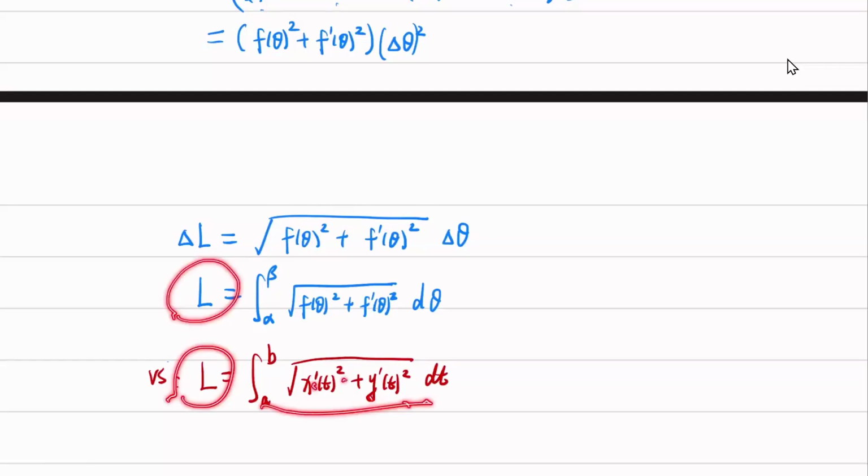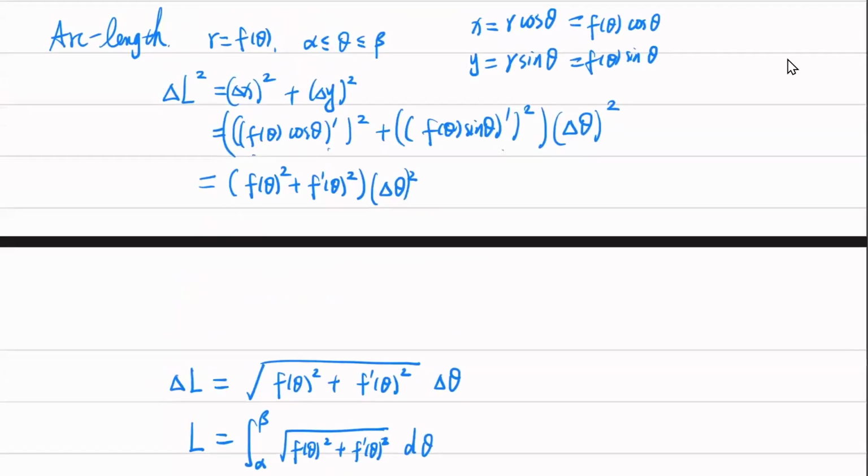But if we're in polar coordinates, it will be f and f derivative. So how do we here have two derivatives, x derivative and y derivative, but now only f and f derivative? The reason is hidden in this step. There are many simplifications. This could be quite long, and it gives you 6 terms. If you simplify, you get a very good one.